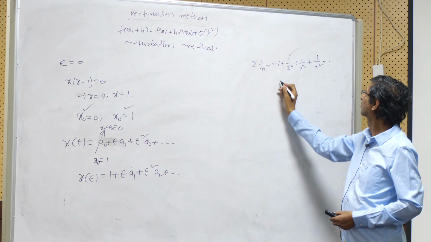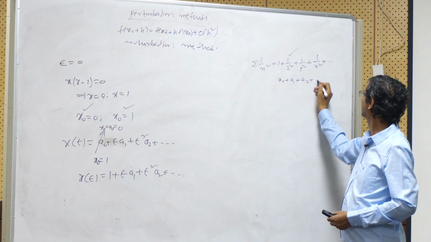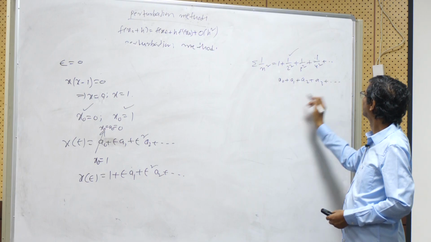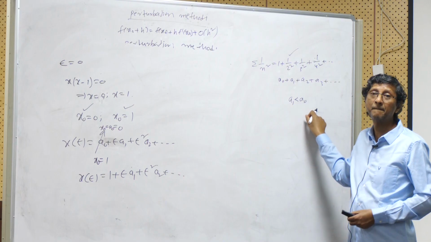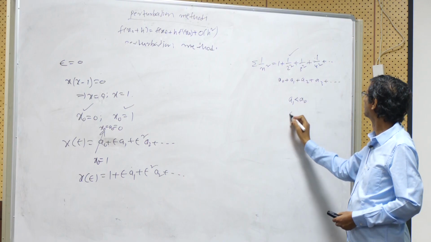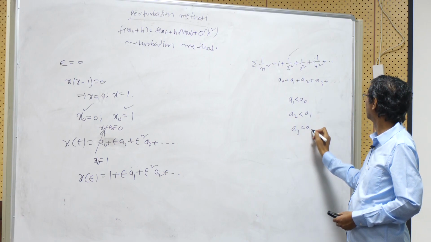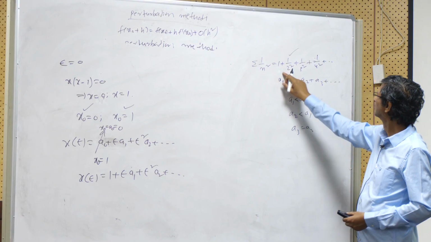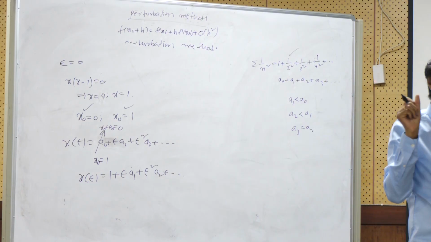Okay, and let us call this a naught, this a1, this a2 and this a3 and so on. In such a case, a1 is less than a0. Agree? Right? And similarly a2 is less than a1 and then a3 is less than a2. Suppose if it happens this way, so definitely the series is going to give the final value.